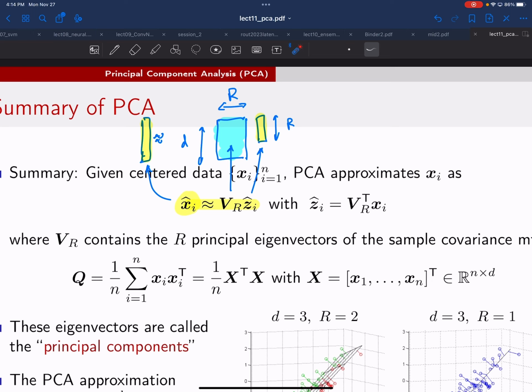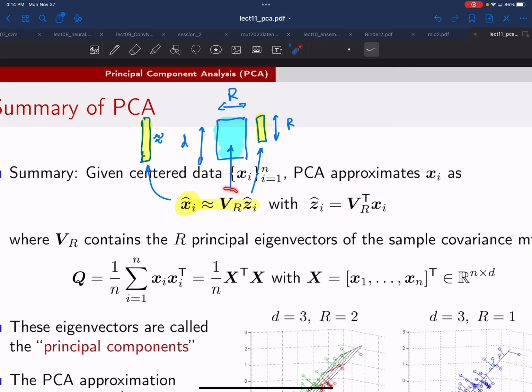How do we compute these coefficients? We compute them this way. So this V_R matrix, which plays a role in both parts here, is constructed from the R principal eigenvectors of the sample covariance matrix. Once you know V_R, you can compute all your compressed features by just multiplying V_R transpose times your original raw features.